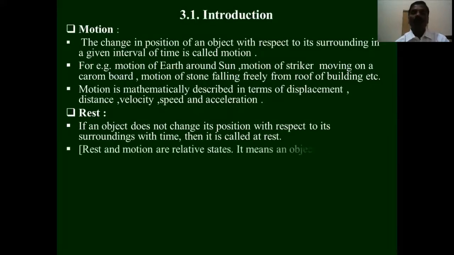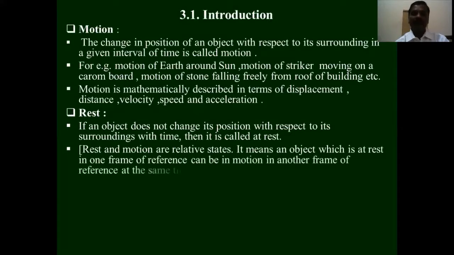Now, whenever we say like this, the object is at rest or object is in motion, you will find these are the relative states. It means that the object which is at rest in one frame of reference can be in motion in another frame of reference.